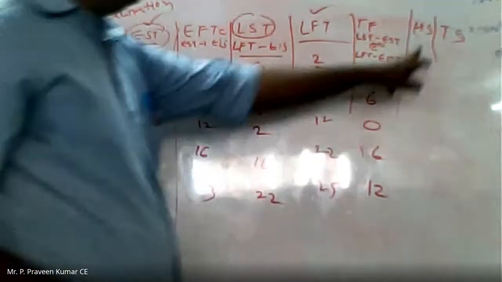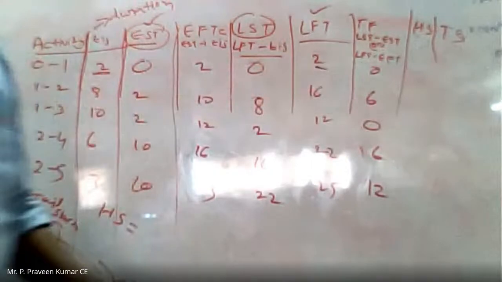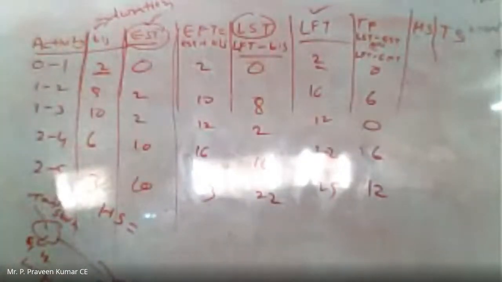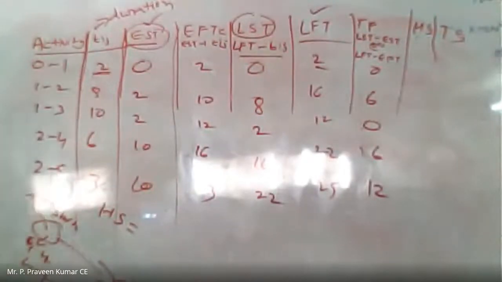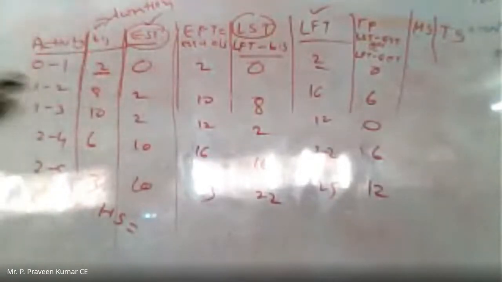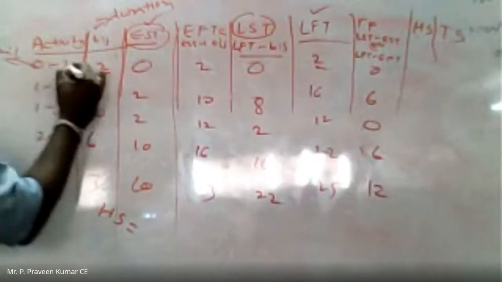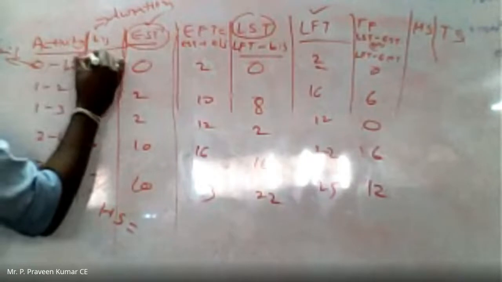Head slack is nothing but, if you go to the network diagram, see here in the activity part. All these parts will be named as tail parts. This part will be named as a head part.